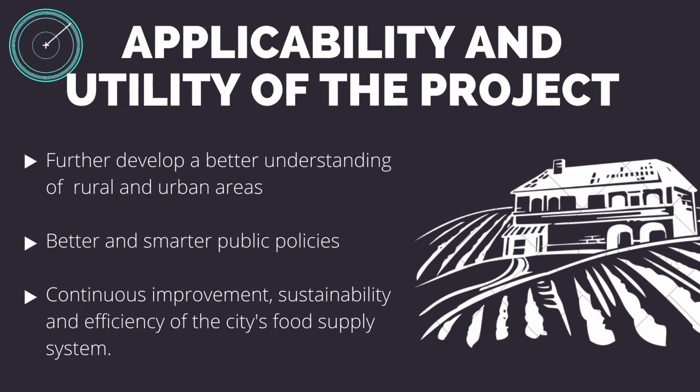Our project is a stepping stone in order to further develop a better understanding of the rural areas in Bogotá, some of the most forgotten parts of the district geography.